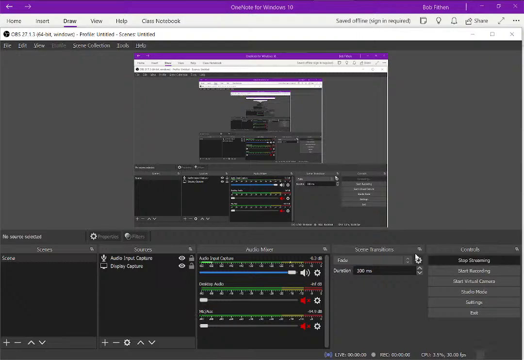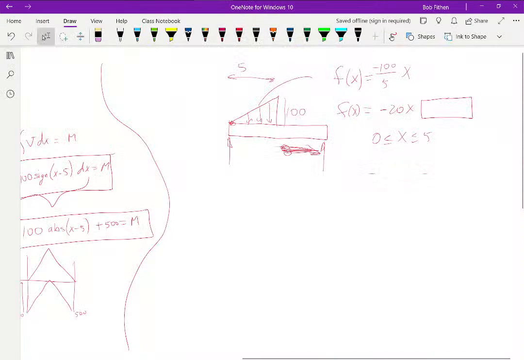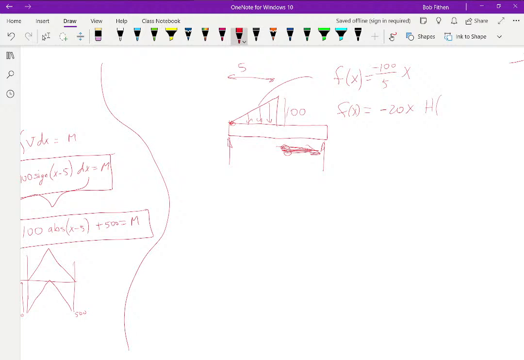Let me release. Okay, so the function itself can be written, and I'll just say H for the Heaviside of x minus 5.